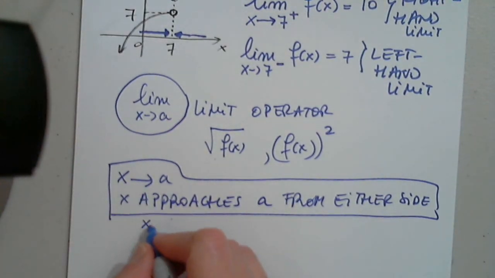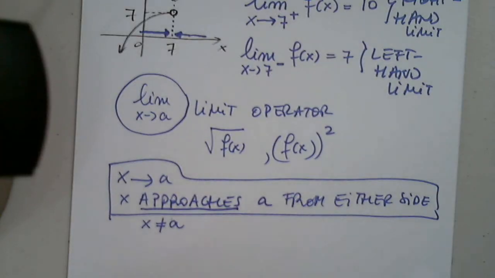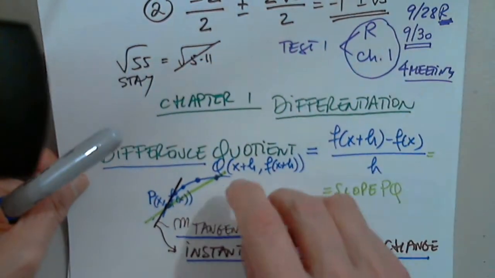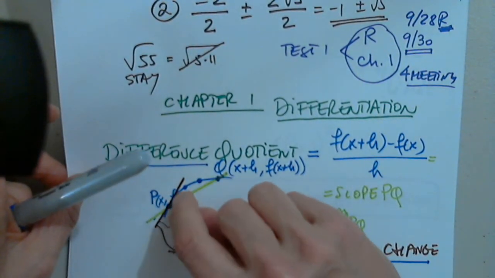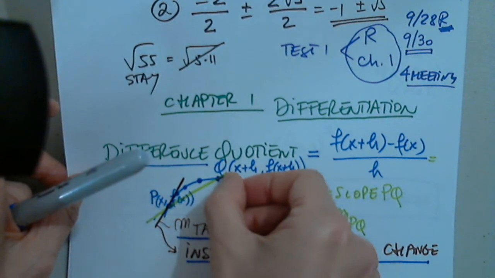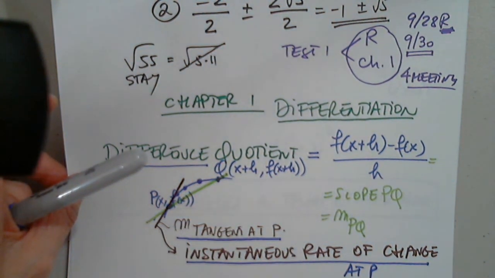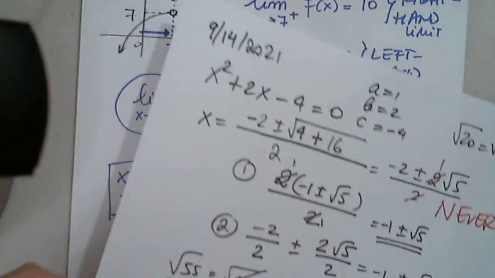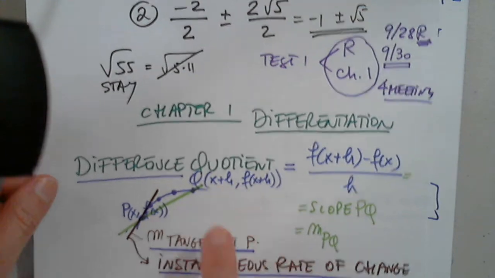By definition, X does not equal A. When we say approaches, we really mean it. So what I'm saying here with this graph from before, I'm saying Q will never be P. Q will never overlap. It will get closer and closer and closer, but it will not be P because H will not be 0.